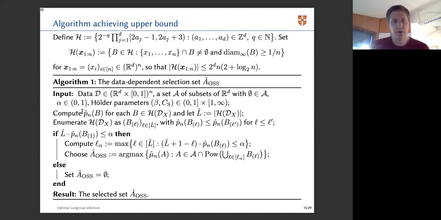So I'm going to compute the p-value for every hyperrectangle in my family, and set L hat to be the number of these different hyperrectangles. And then I'm going to order the p-values in increasing order. So of course, the one with the smallest p-value is giving me the strongest evidence that uniformly on that set, eta is above the level tau.